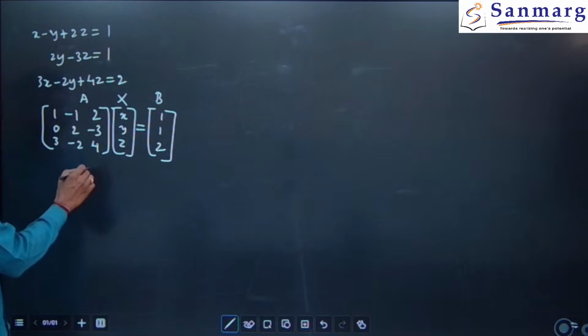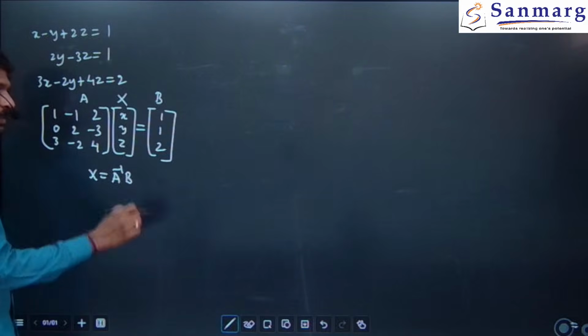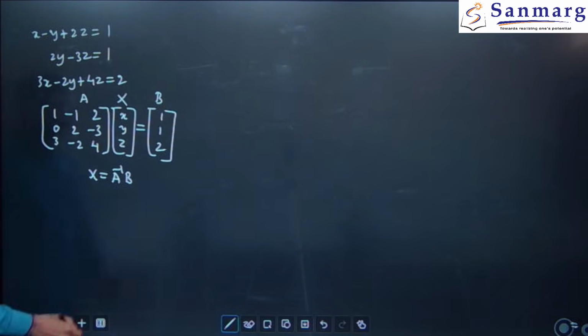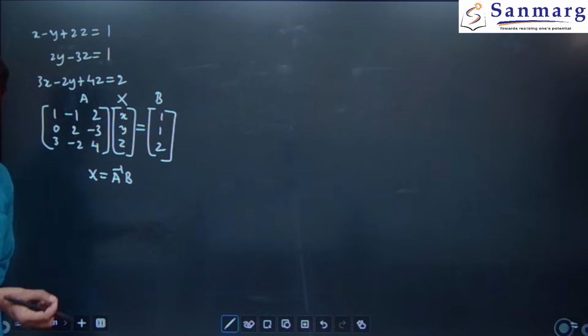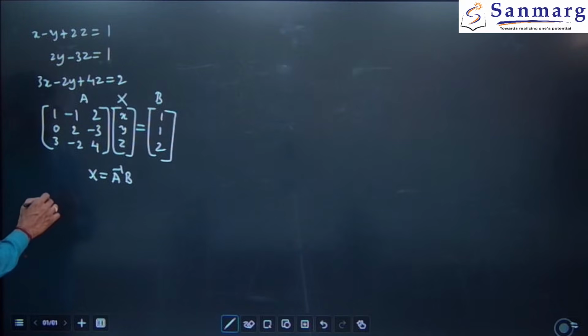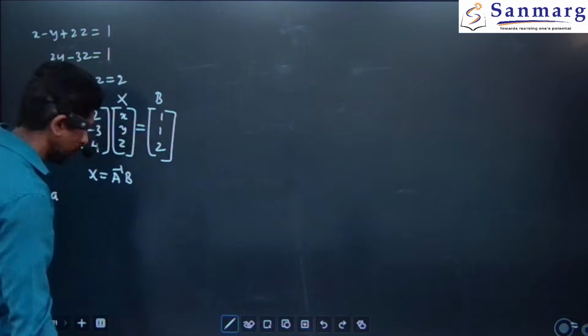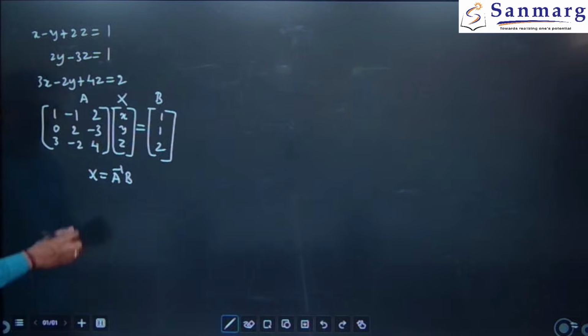Okay. So now you have to find out X is equal to A inverse into B. To find out the A inverse, first find out the cofactor of individual elements, that is the cofactor of A11. Cofactor of A11 is nothing but capital A11.